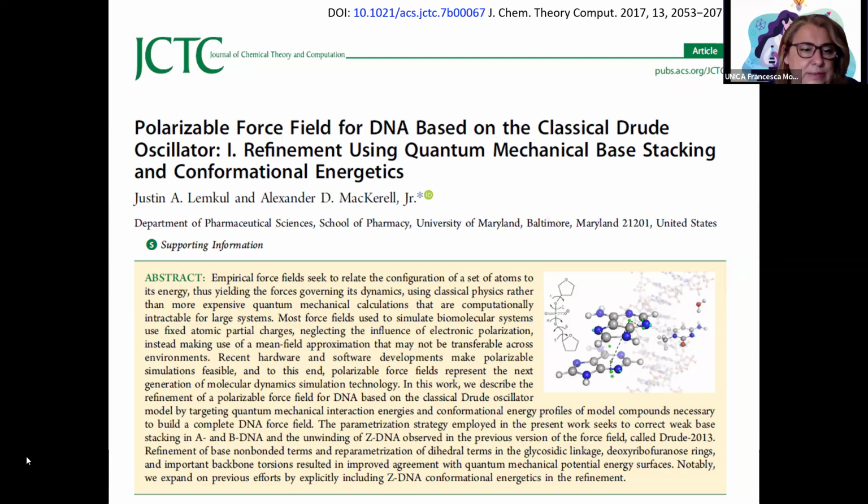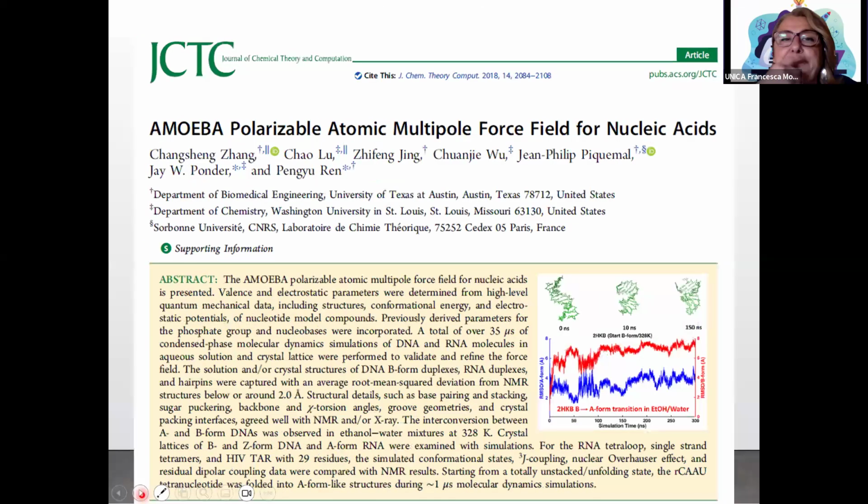Another force field that can be used for nucleic acid and that is being actively developed is the AMOEBA polarizable atomic multipole force field for nucleic acid, which is in the other category of the polarizable models, with the variation of the polarization on the atoms.